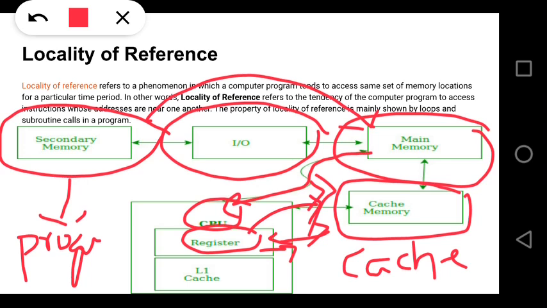You know that once you make a call to a subroutine, which means a function, the subroutine has to be executed anyway. So why can't you keep that subroutine in the cache memory? Having cache memory in a computer reduces the execution time.